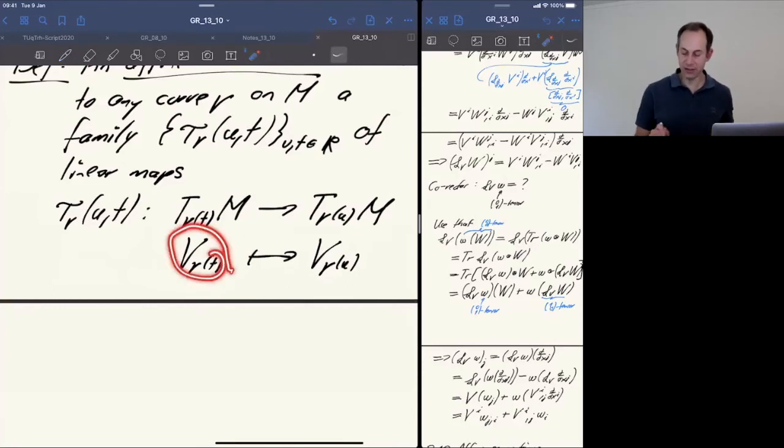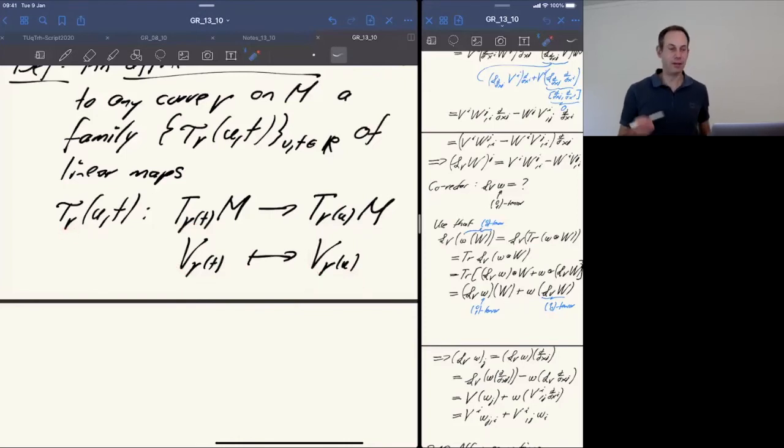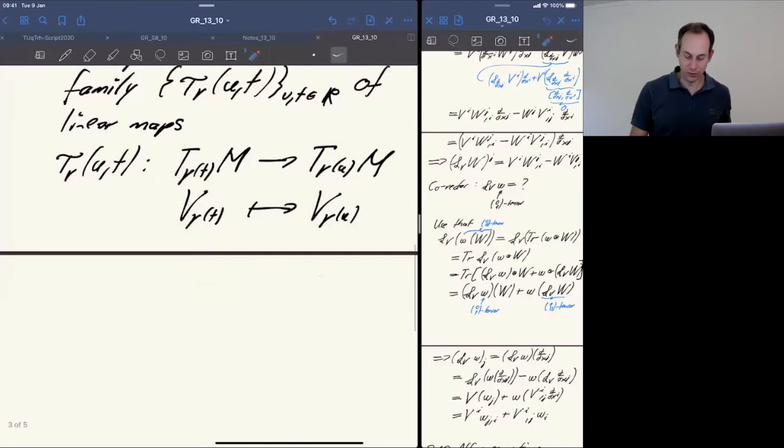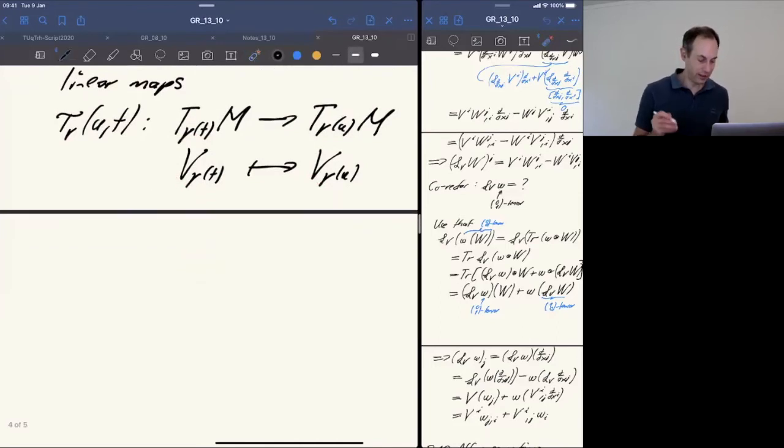I take a vector at the North Pole, I walk along a path, so T is the start point, I end up at time U in Malaysia in this example, and this is the vector it points to in Malaysia. Obviously this map, how the final vector looks, depends on the path. That's what I tried to illustrate before. So it's inherently depending on the path.